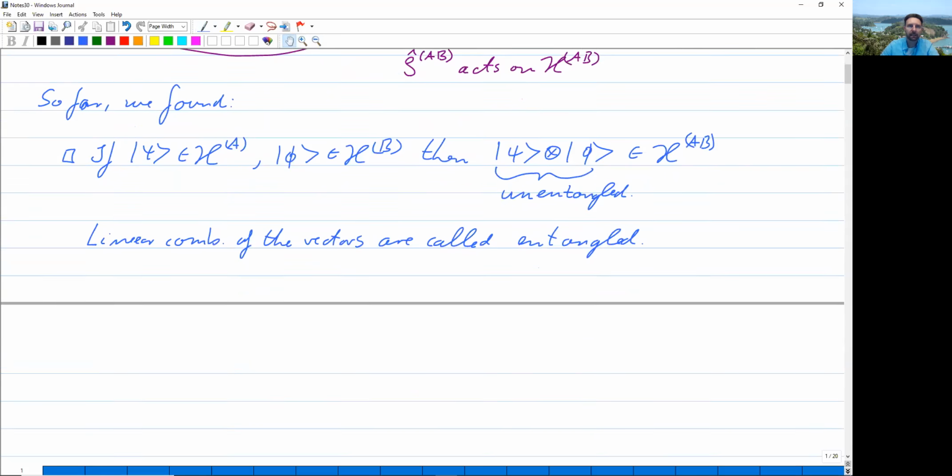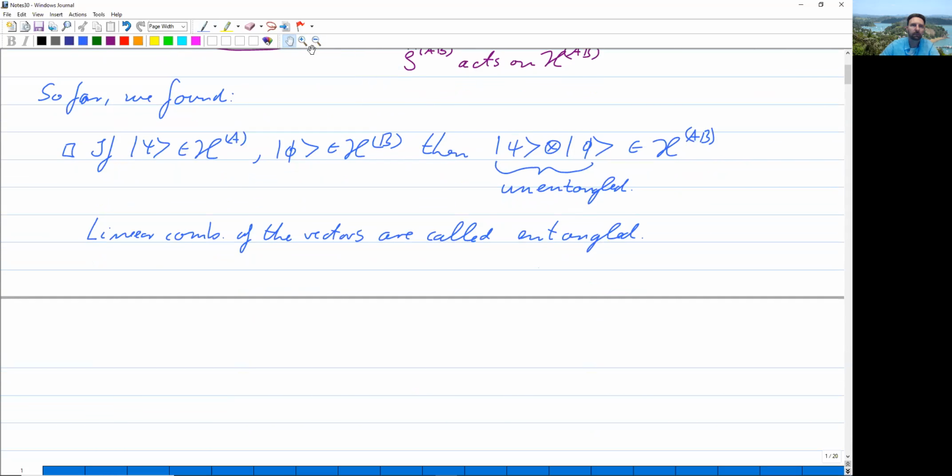We also saw that there's a tensor product not only for vectors, but also for operators. And this led us to this observation, namely that if F hat superscript A, so I will most of the time now use superscripts to indicate what Hilbert space these operators are acting on. At least I'll use it whenever it might otherwise be ambiguous.